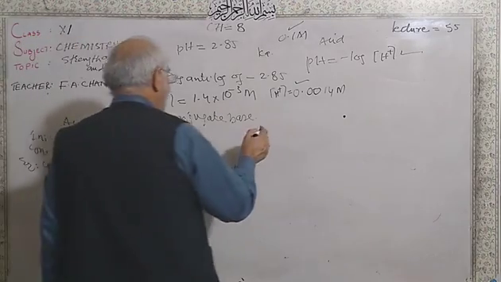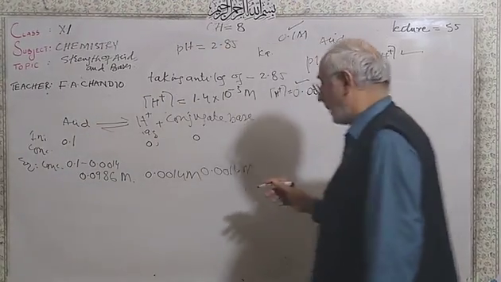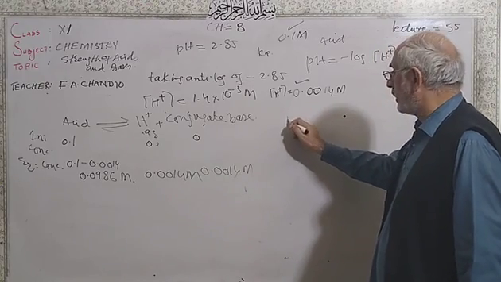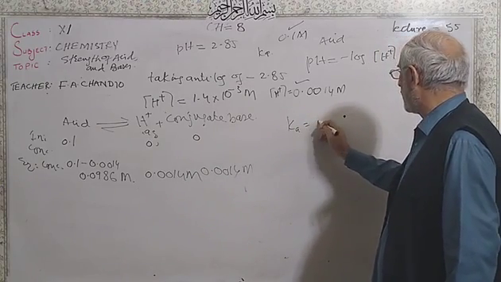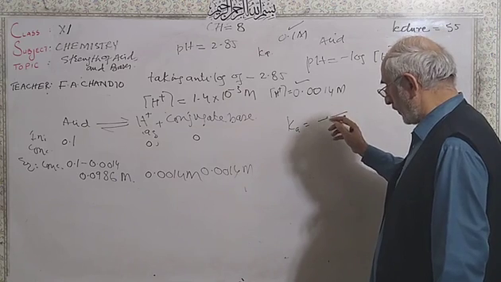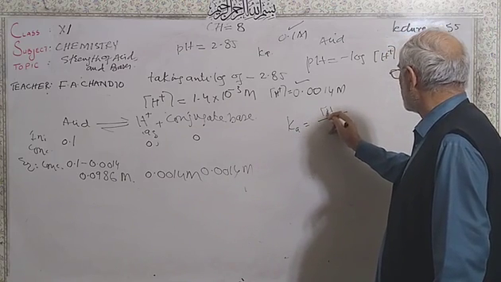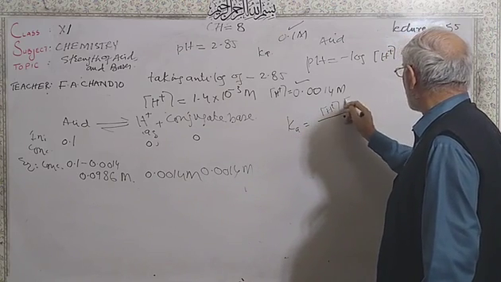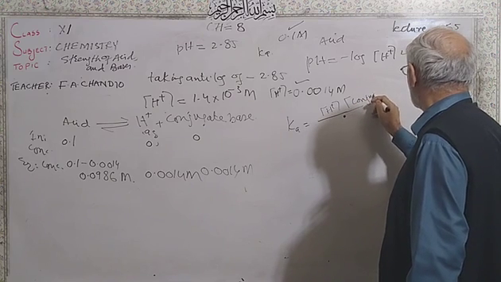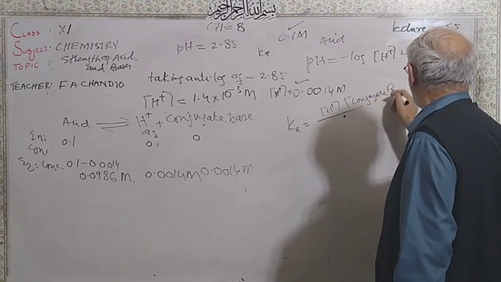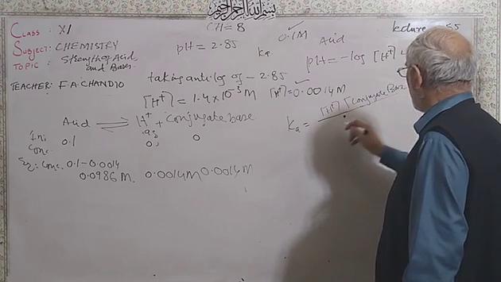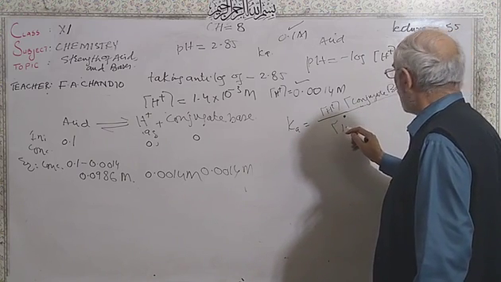Then according to the law of mass action, the value of Ka is the concentration of hydrogen ions, times the concentration of the conjugate base, divided by the concentration of the acid.